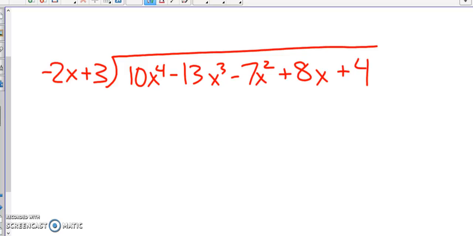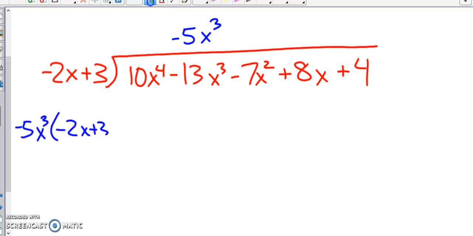So I'm going to put negative 5x cubed here. And then somewhere off to the side, I'm going to put negative 5x cubed times negative 2x plus 3. I'm going to distribute that. So that would be 10x to the fourth, and then minus 15x cubed.